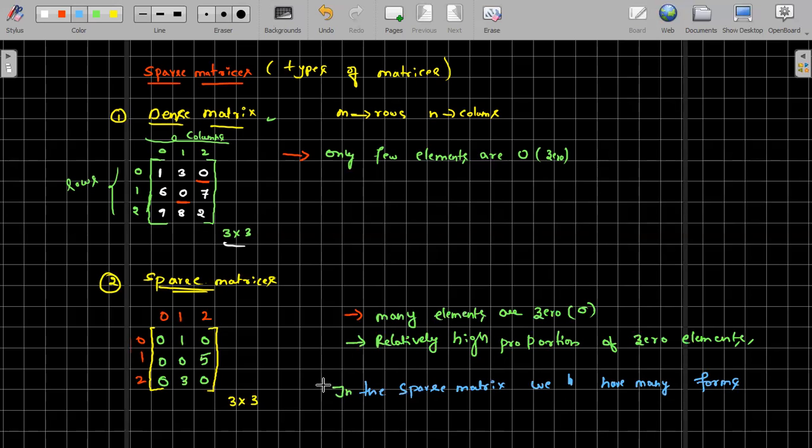Basically, there is a diagonal matrix, tridiagonal matrix, lower triangular matrix, upper triangular matrix, all this. We will discuss one by one related to these many forms.